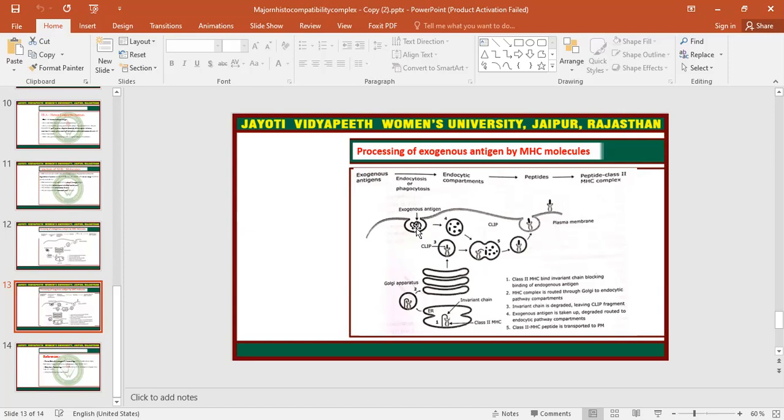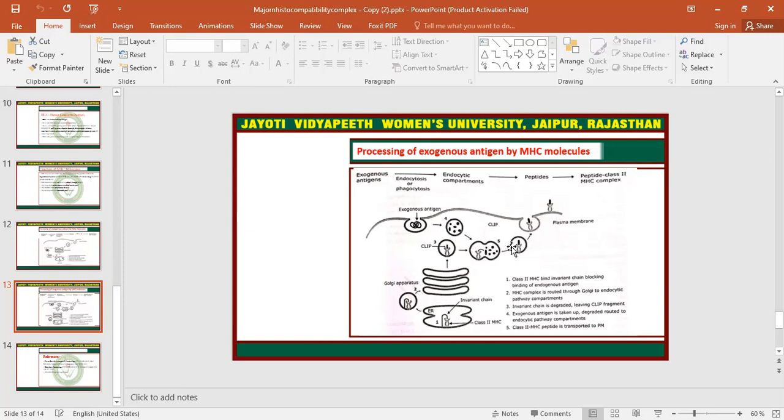This can also be done in another way. First, this exogenous antigen will come and it will be digested by the lytic enzymes, and after that a lysosome complex will be formed.